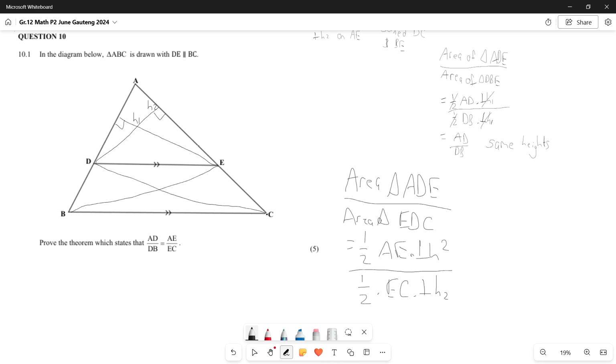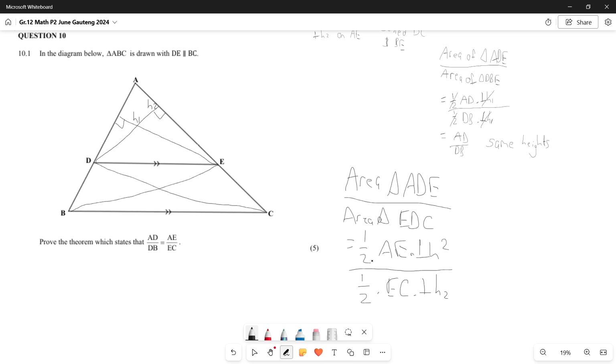Just because they're sharing the same side here, the perpendicular height on this triangle would be the same perpendicular height as ECD over here, which means just like the previous one, we can go ahead, cancel our halves, cancel our perpendicular heights, and we're left with AE over EC, for the same reason that we have the same heights.